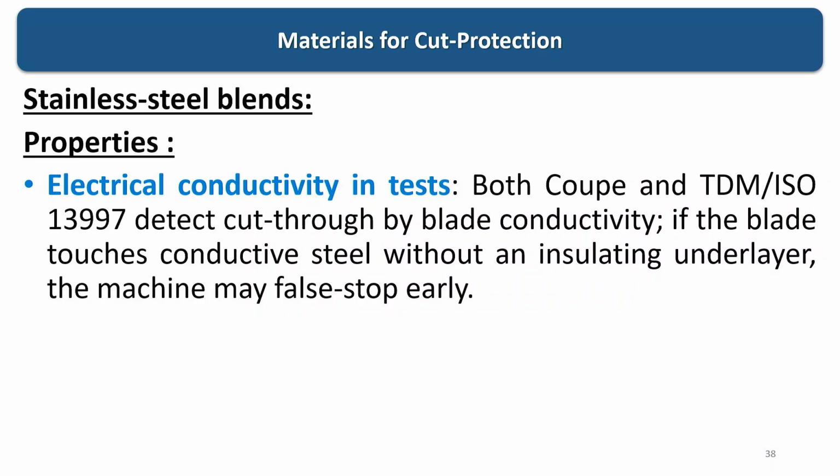There are two types of tests available, we will discuss in detail. One is the Coupe test and another is the TDM test, which is followed by ISO 13997. In these methods they detect the cut-through by blade conductivity, that is important.